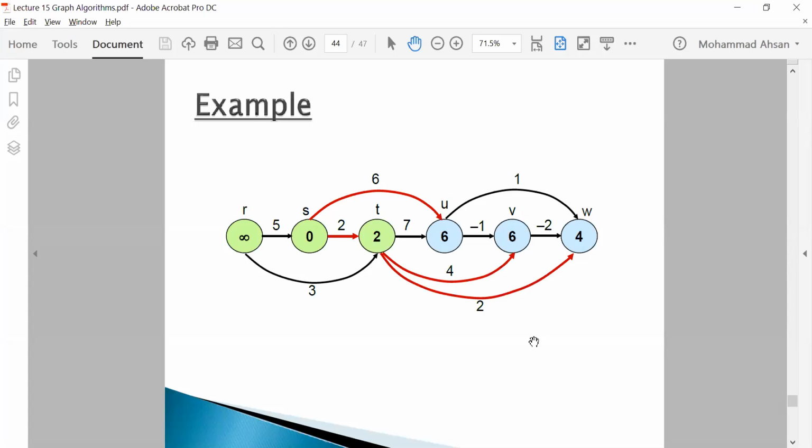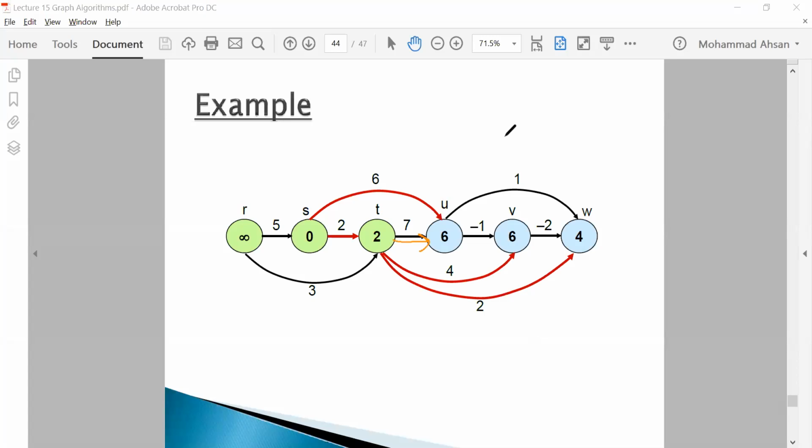So now when I move ahead to T, I know S will not get updated any further. In fact, T will also not get updated any further because all the incoming edges to T are done. Now we are just worried about what lies ahead of T. So T is connected to U first of all.